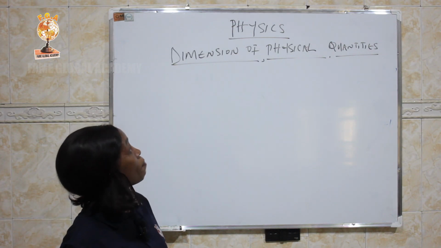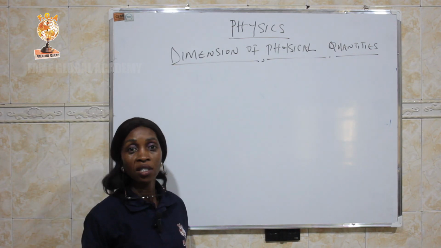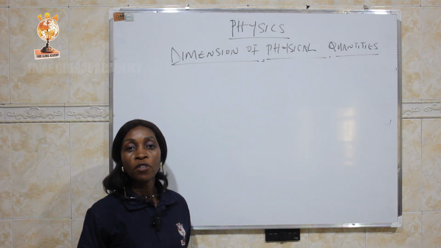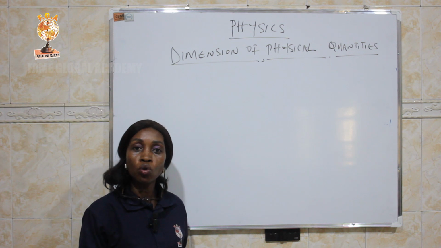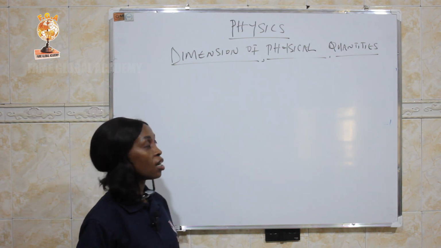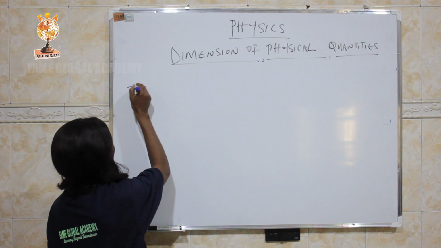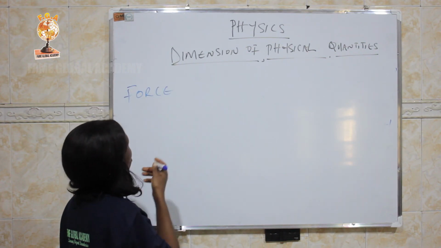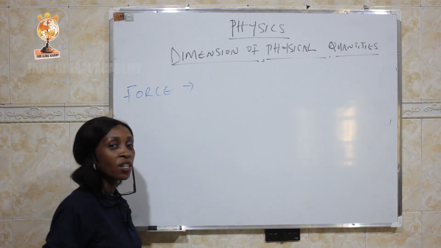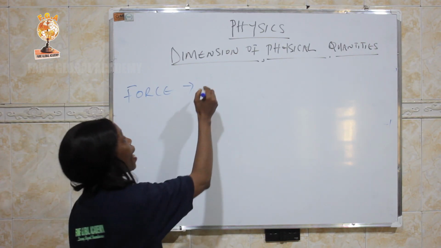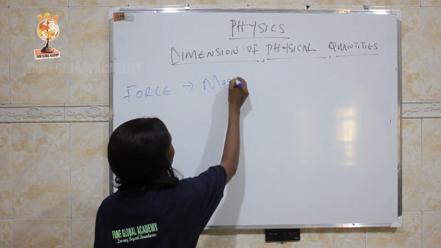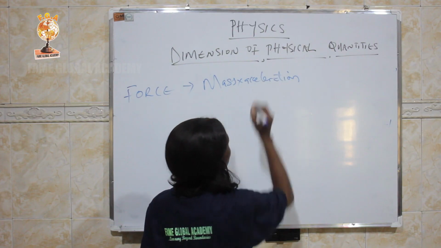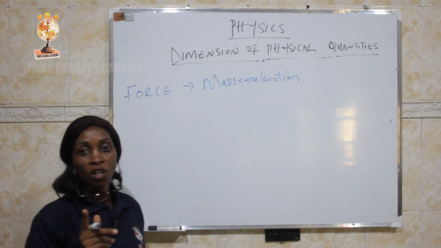We are still talking about dimension of physical quantities, how we can use physical quantities, connecting them to fundamental quantities. Now let's say force. Force has a formula as mass times acceleration.